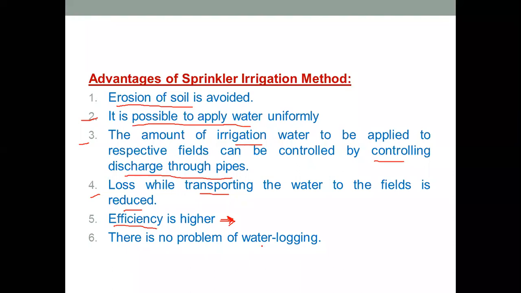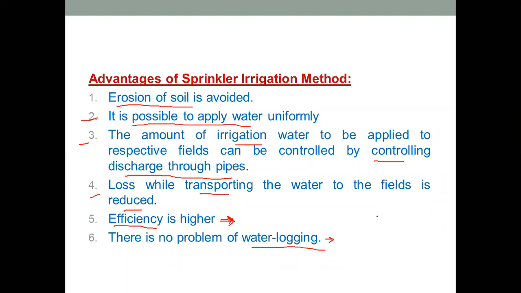As we can control the amount of water which we provide to the crops through the pipes, there is no problem of excess water being provided, which will greatly reduce the waterlogging of the agricultural fields. So these are the advantages of sprinkler irrigation method.